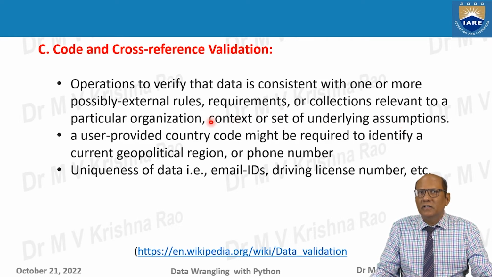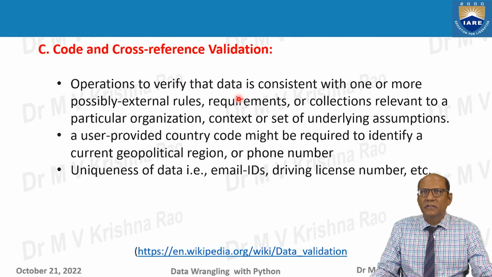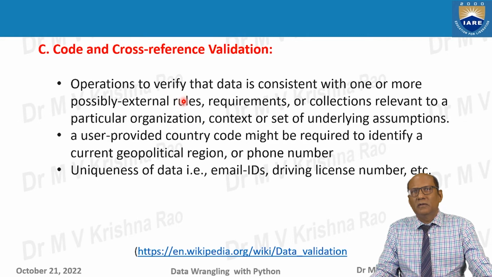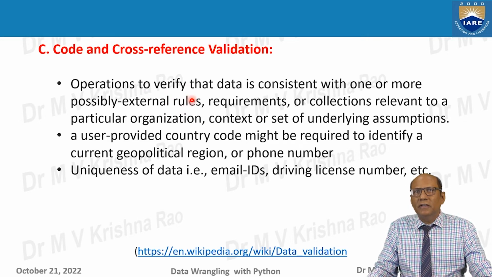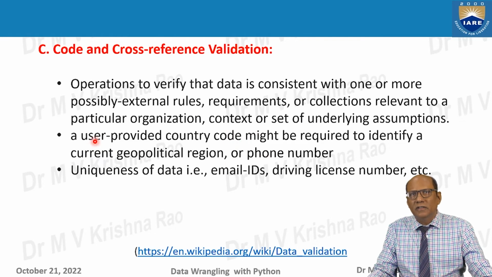So rules, requirements, context, assumptions: these are the four things here. You should see that all these things are satisfied. This point will be clear if we go through the next sentences.